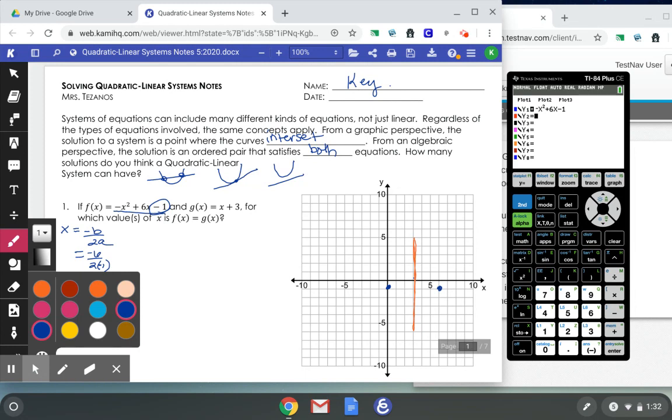Okay, then I can go into my table, and because I know that the axis of symmetry, the x coordinate, is going to be 3, I am just going to take that point, 3, 8, plot it, and then plot a couple points to the right and to the left of it. So 3 is 8, 2 is 7, so there's going to be a point over here also.